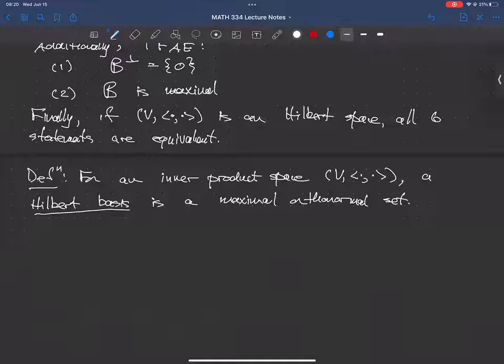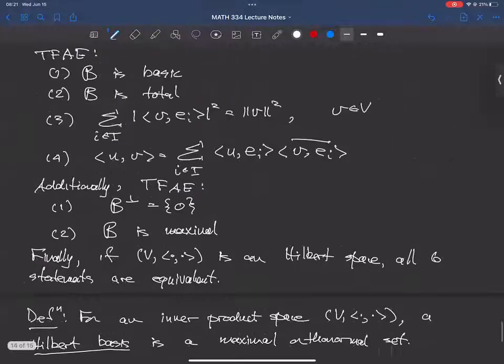So there's no linearly independent set that's larger. That's the normal notion of a basis. And a Hilbert basis is the same idea in the family of orthonormal sets, not just linearly independent sets. Orthonormal sets are certainly linearly independent. You might want to verify that yourself. But they have many more properties than just linear independence. And a Hilbert basis is maximal in that collection of things.